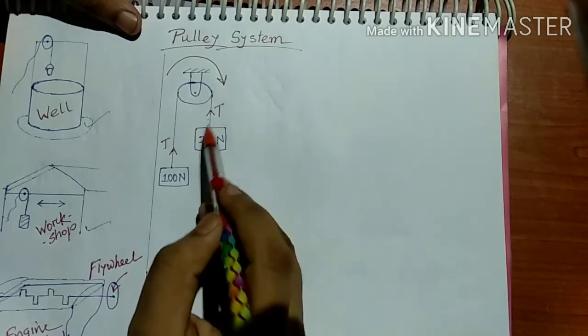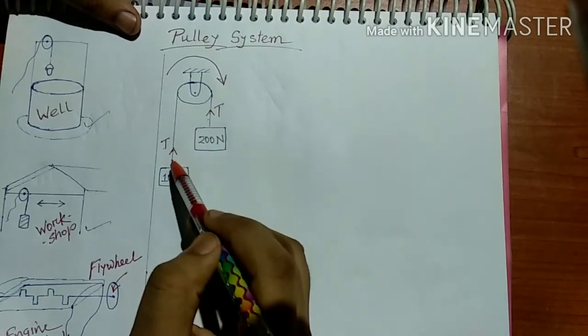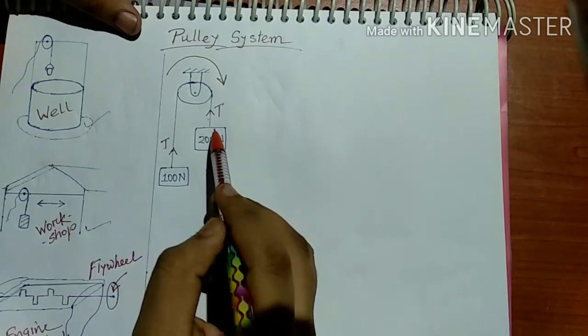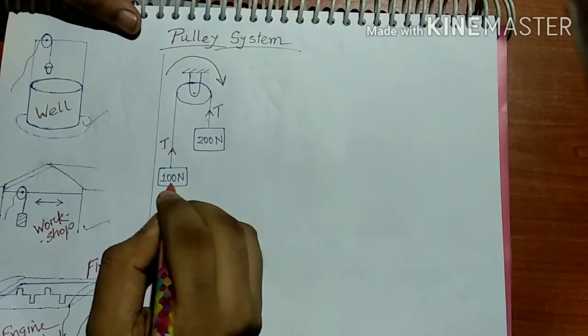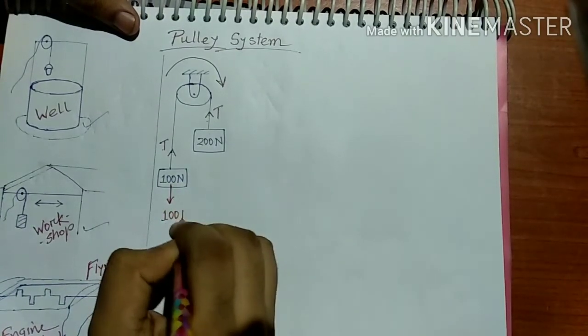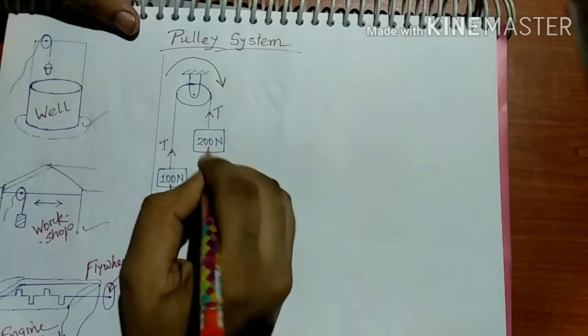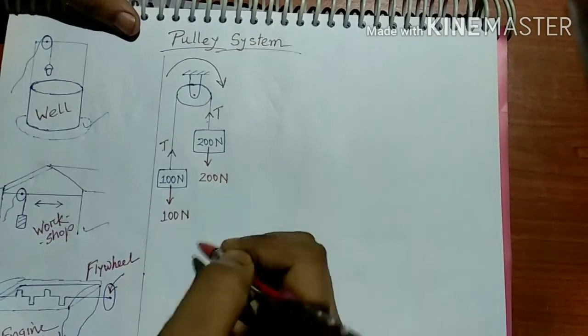So since the string is the same, the entire string will be subjected to only the same tension, that is T, right? So here weight is acting downward, this is 100 Newton, and here also this 200 Newton is acting downward.